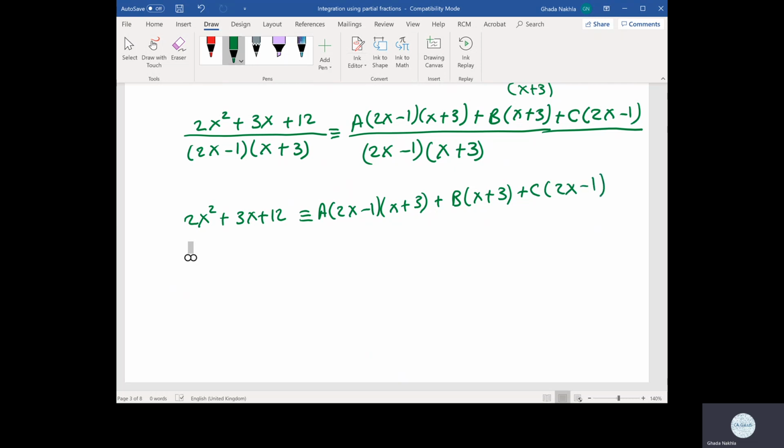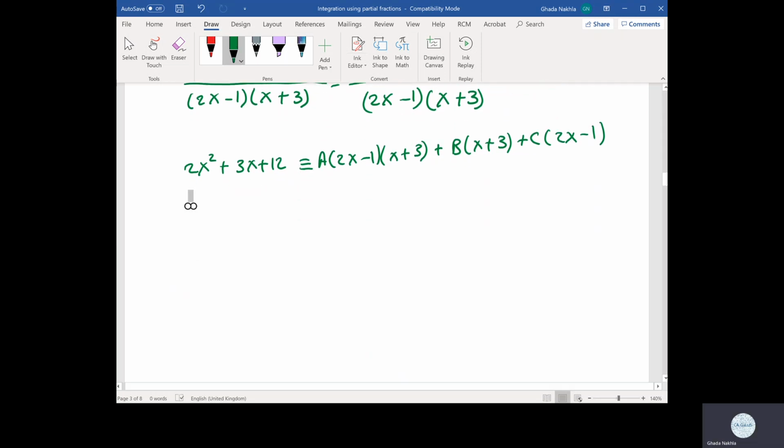Okay, your job is to find the values of a, b, and c. So let's try and think what makes this bracket equal to 0. What is the value of x that will make this bracket equal to 0?